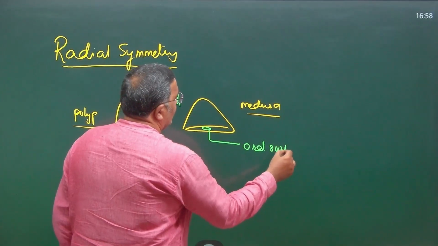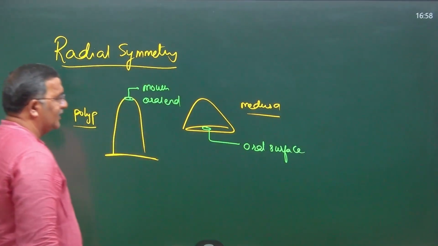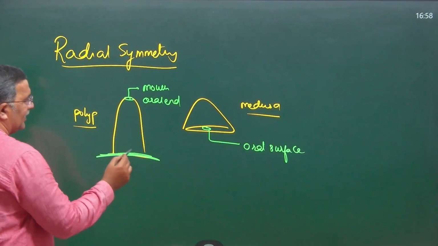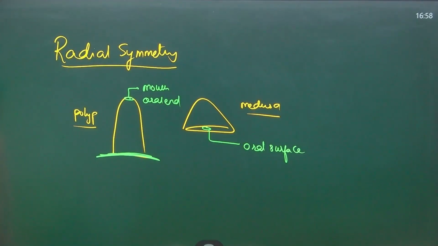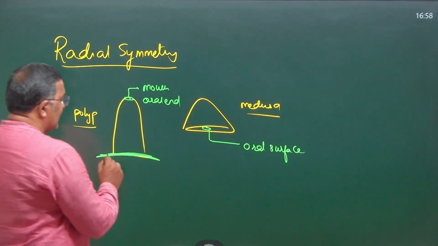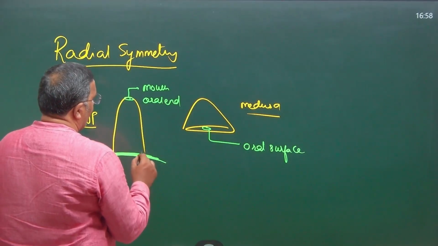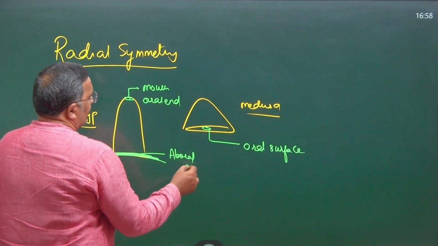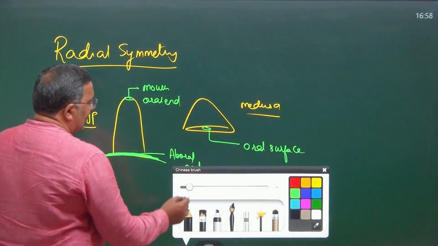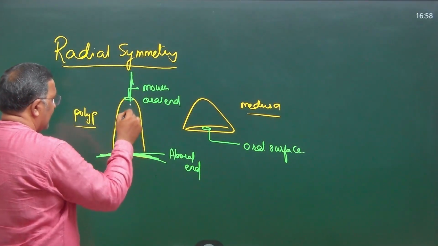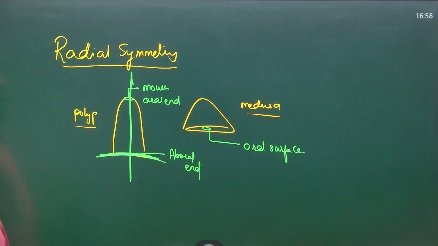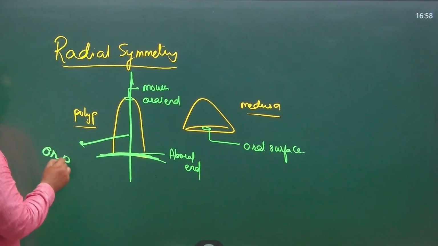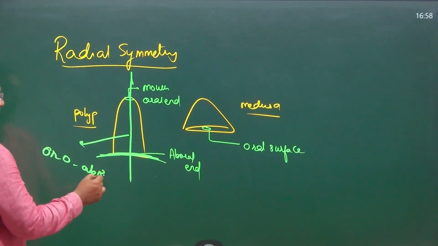You may call the umbrella shape here the oral surface. The place where it attaches to the substratum is called the aboral end. The axis drawn from the oral end to the aboral end is said to be the oro-aboral axis.